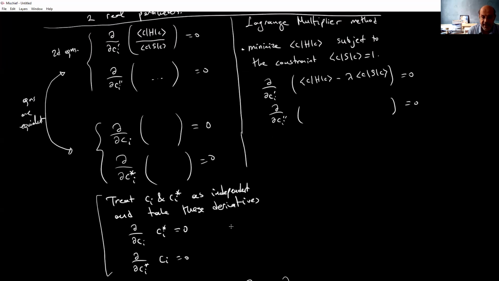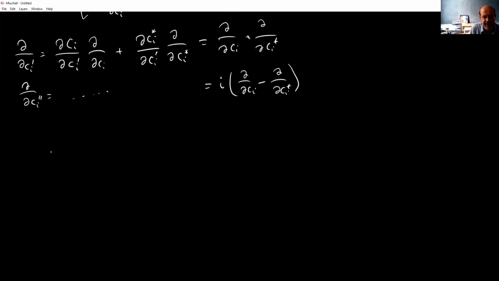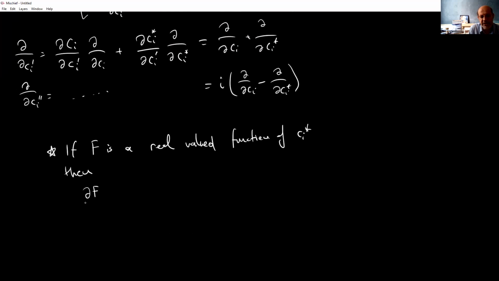Okay. Another thing in here is this. Let's say E bar is a real valued function of Ci star. Then the derivative of f with respect to Ci star is equal to the derivative with respect to Ci complex conjugate.